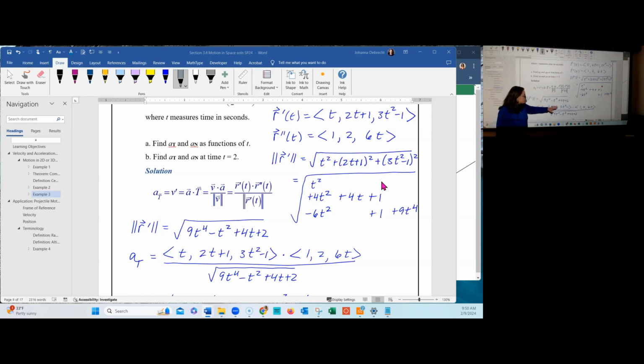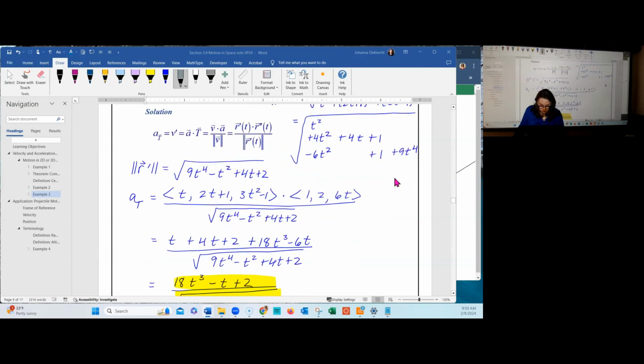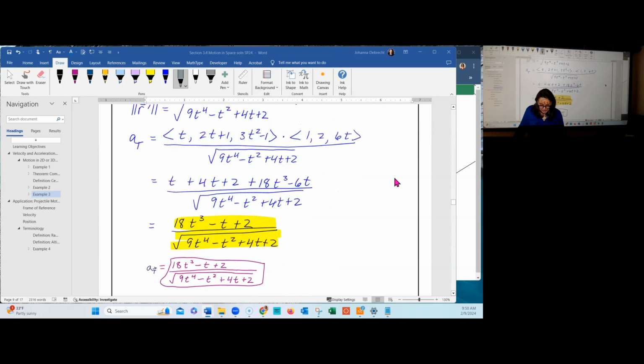And when I multiplied the dot product out, I came up with an expression of 18t cubed minus t plus 2 divided by the speed, which is the square root of 9t to the fourth minus t squared plus 4t plus 2.